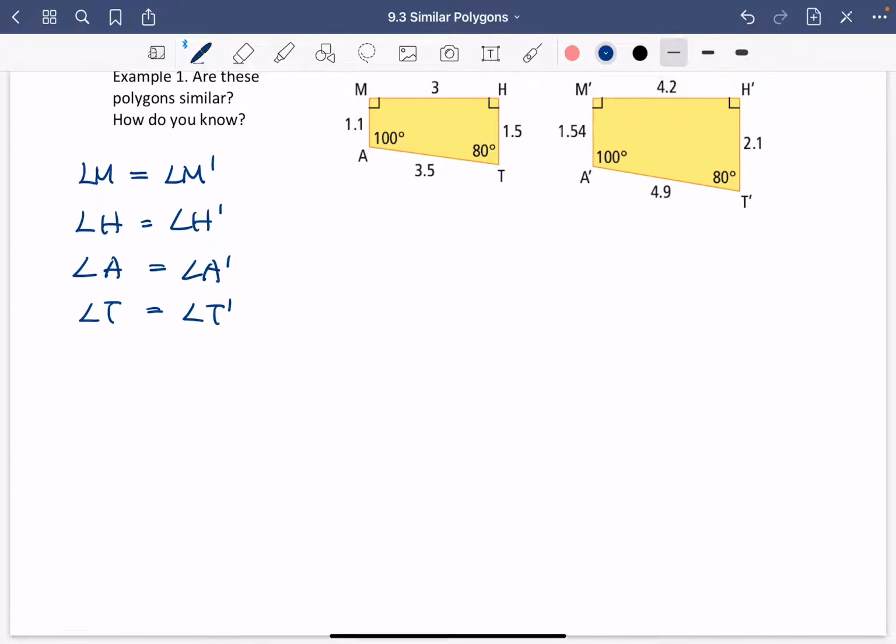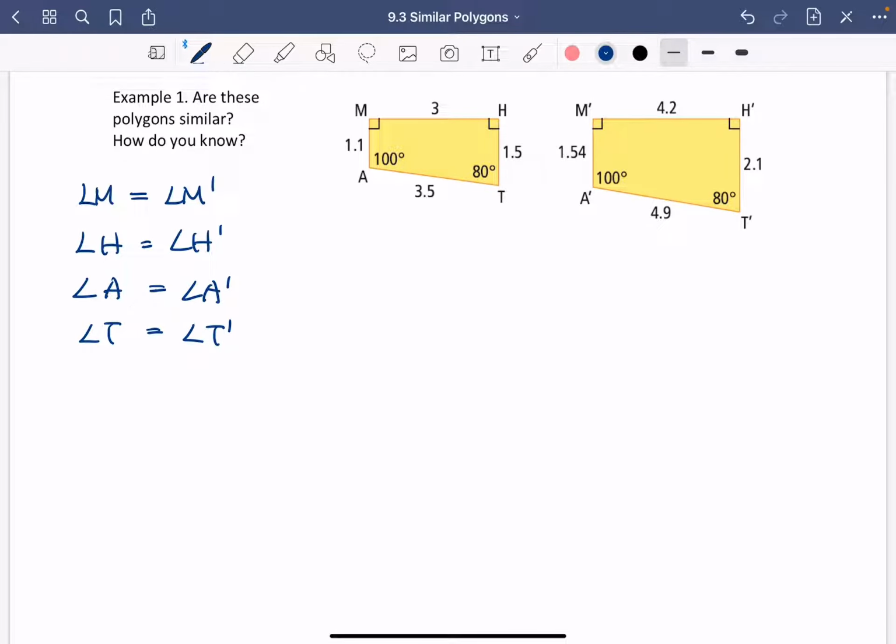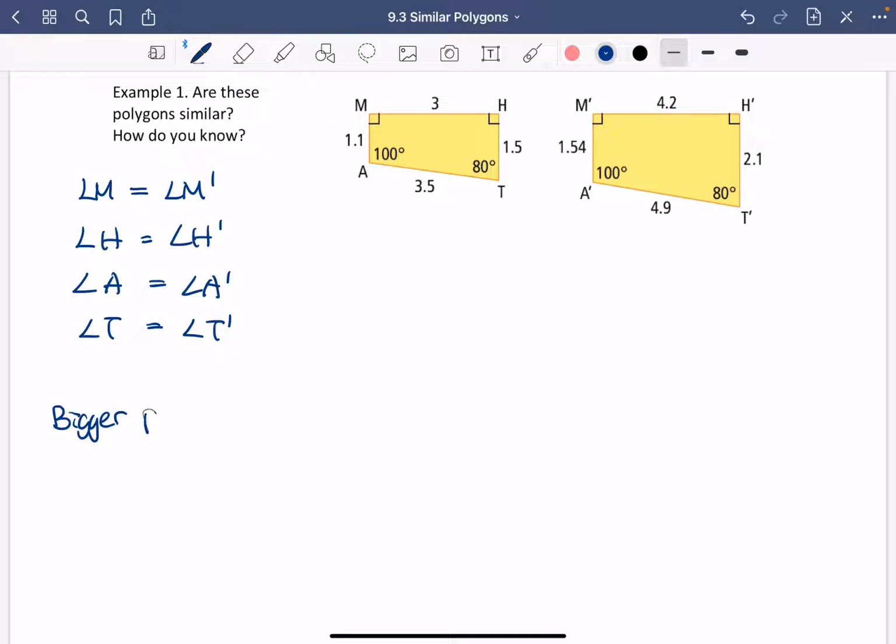Now, second condition is corresponding sides are proportional. So let's find out if that's true. Let's do the bigger polygon over the smaller polygon.